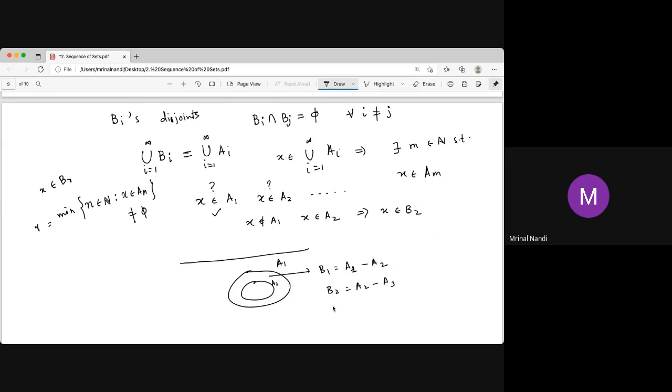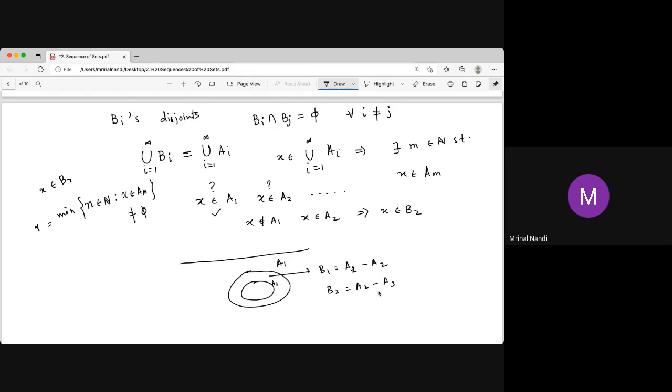In that case, these are disjoint. But what you get is nothing new: it's disjoint, but the union is actually A1. The union of the Ai is A1 and the union of the Bi is also A1. So we know the union is A1.